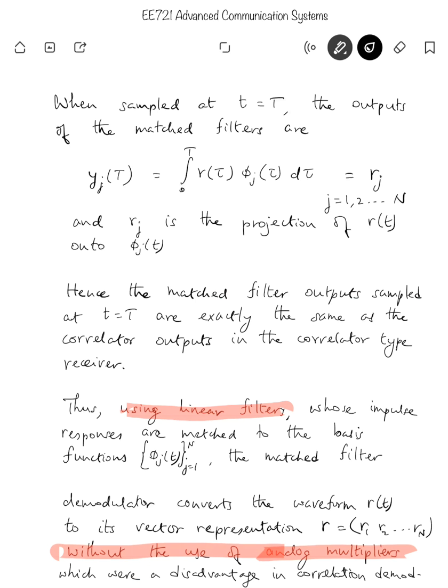So the matched filter implements the demodulator part, which converts the received signal R of t into its vector representation R with the elements R1, R2, R3 and so on, by using linear filters with impulse responses matched to the basis functions. So we have achieved the same results without using analog multipliers in this case.